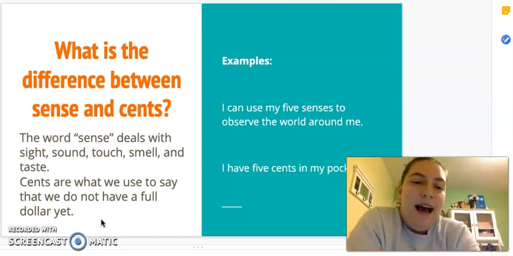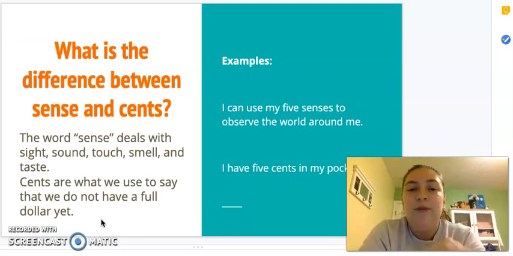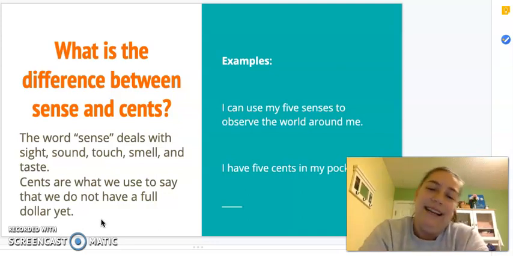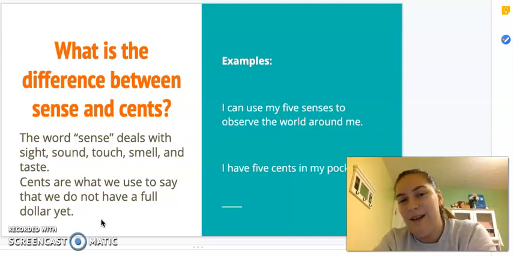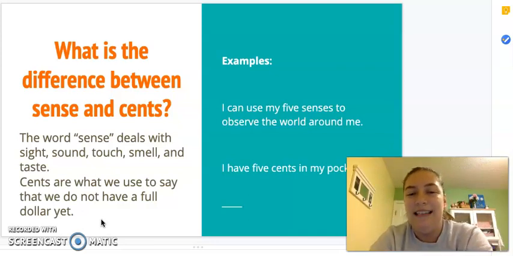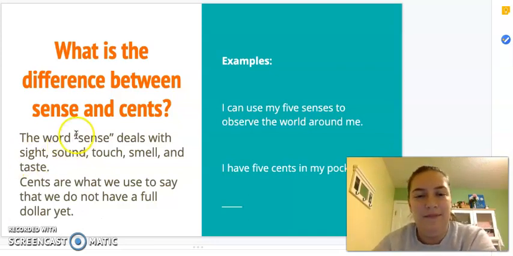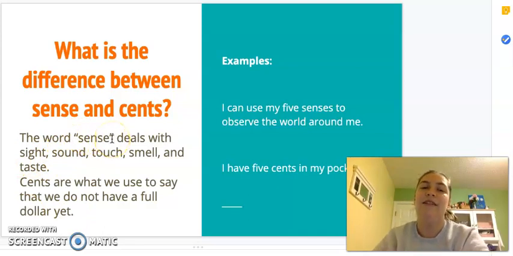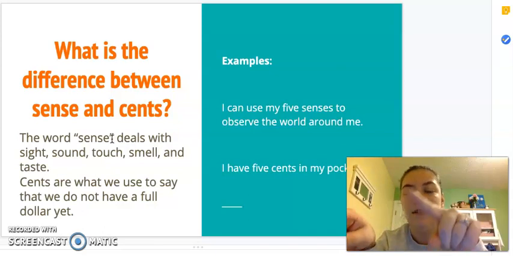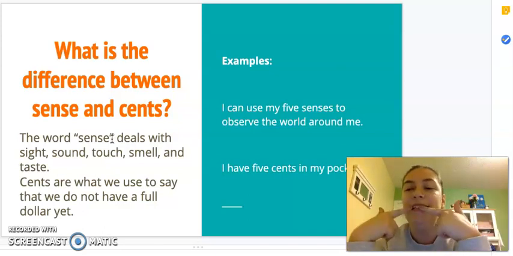So something that I want us to avoid is mixing up the difference between cents and sense. It sounds the same when we say it, especially when you're from Indiana and you say everything like this. So the word S-E-N-S-E, that's going to deal with sight, sound, touch, smell, and taste.